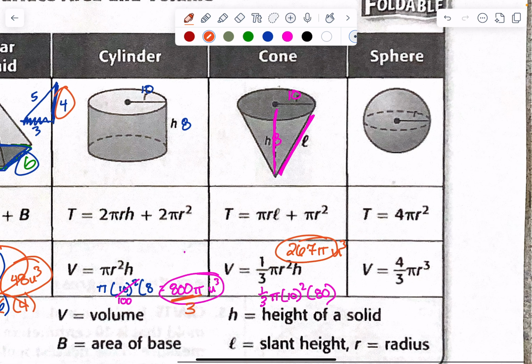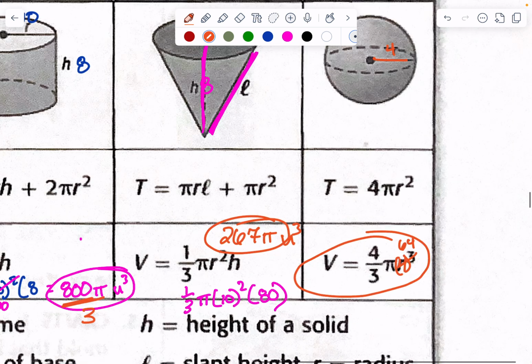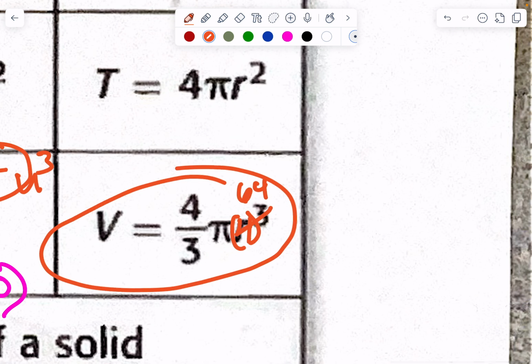Okay, the volume of a sphere, though, is really disgusting. It's 4/3 pi radius cubed. Let's say the radius here is 4. 4 cubed is 64. All you do is take 64 times 4 divided by 3, and then put a pi on the end.